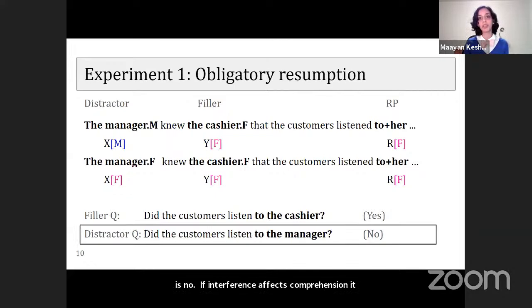So participants are more likely to provide incorrect yes responses here than incorrect no responses in filler questions, since people usually have a general bias for responding yes.